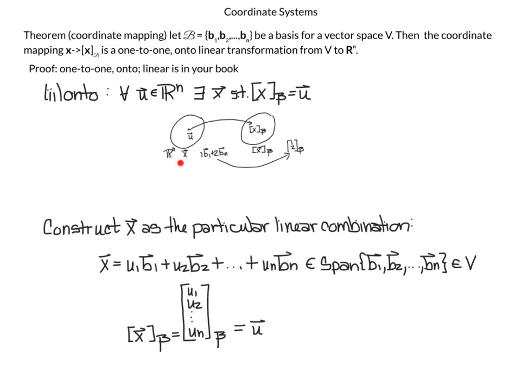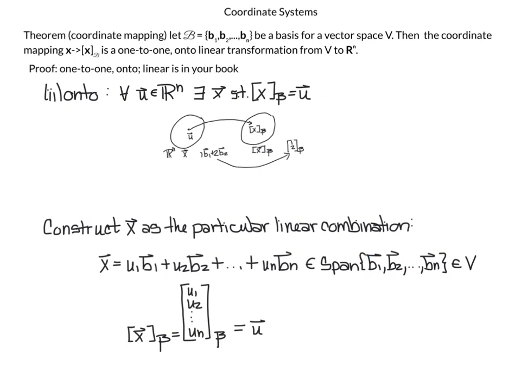So I have our little picture here for reference. The x we want to construct is that particular linear combination, the way we did here. We're going to put u1 times our first basis vector plus u2 times the second basis vector, up to un bn.